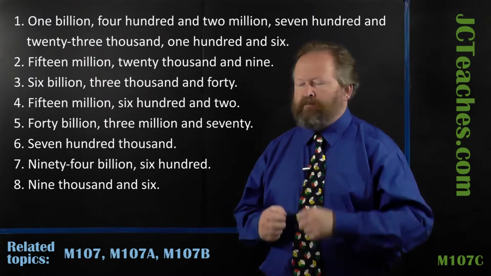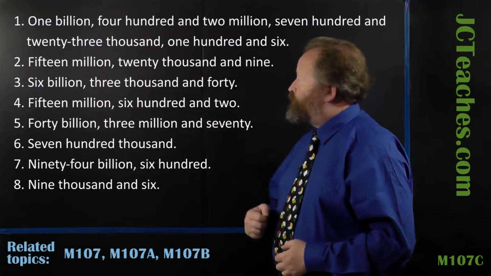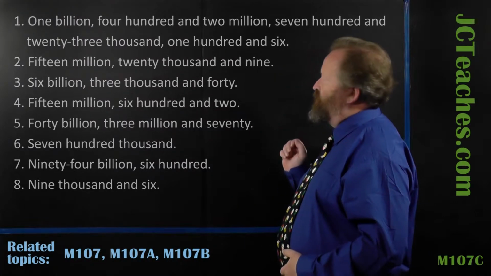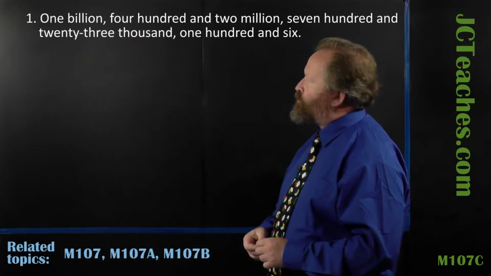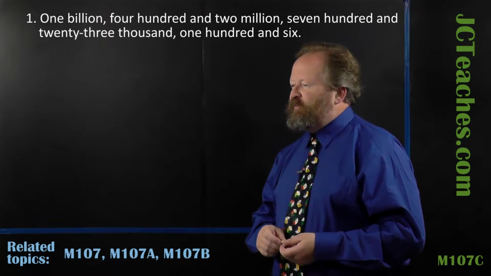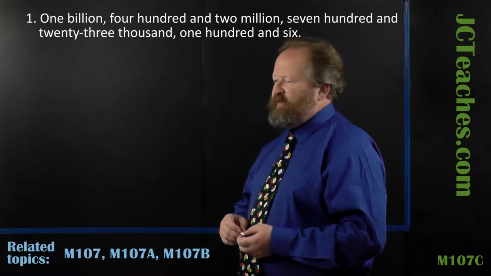Right, assuming you've done them. Let's get rid of them all. I'm going to put them up one at a time, otherwise I wouldn't have a blackboard to write on. So the first one is 1,402,723,106.